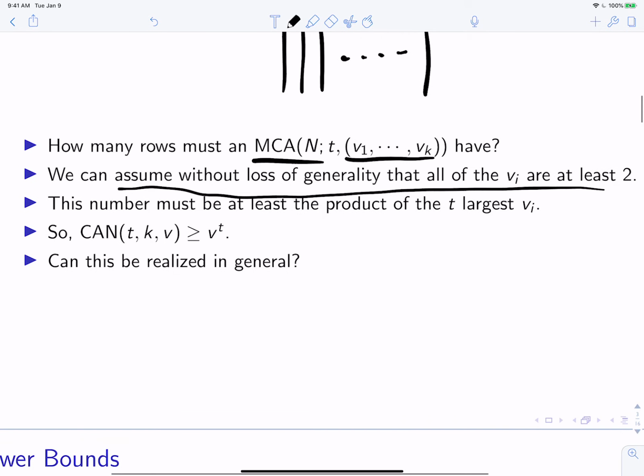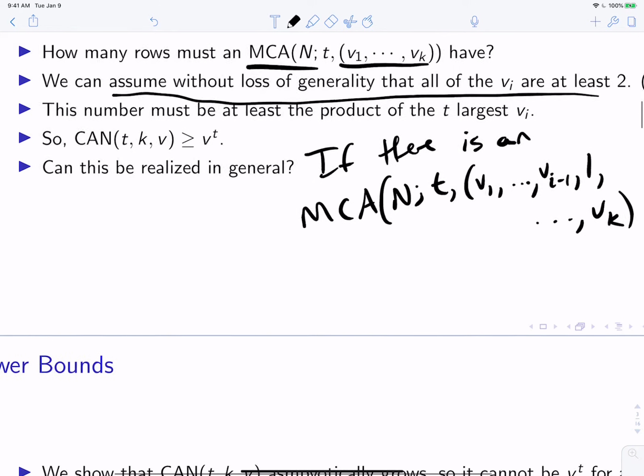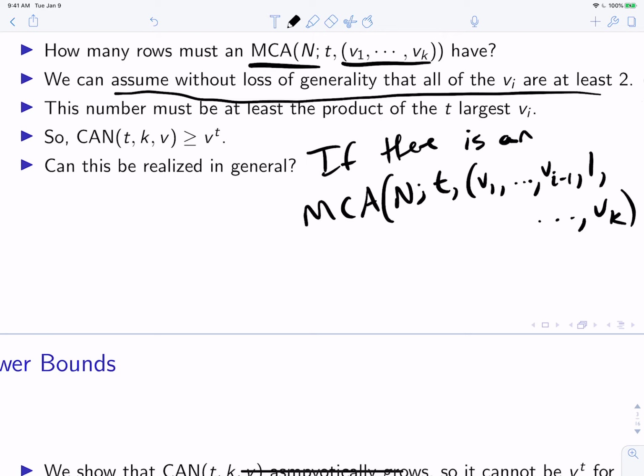So what we can say here is, if there is an MCA(N, t, v1, ..., vk) and at the ith column there's a 1, then we can just scratch out that column.